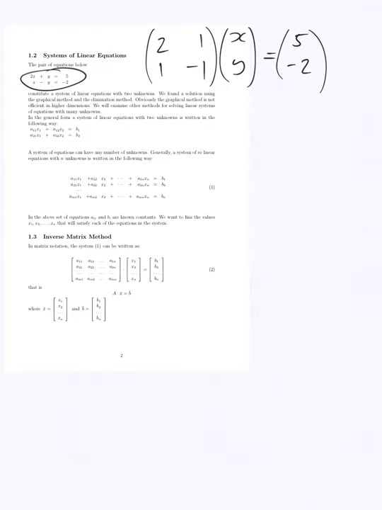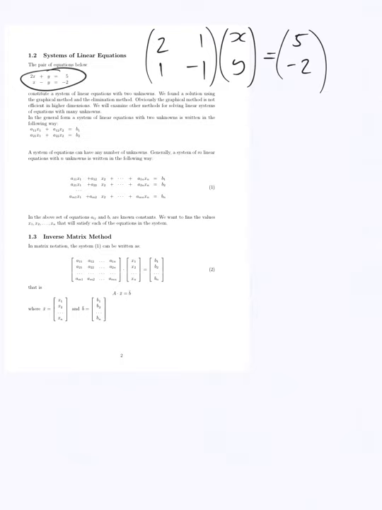So if I multiply that top row there, I get 2 times x plus 1 times y, and that must be equal to 5. And the same for the bottom row. So that matrix equation is equivalent to that system of two linear equations there on the left.